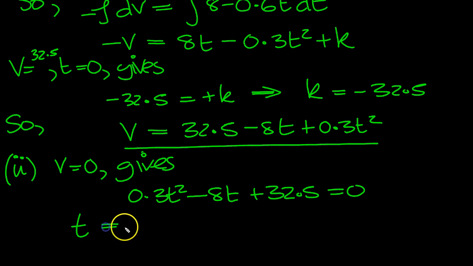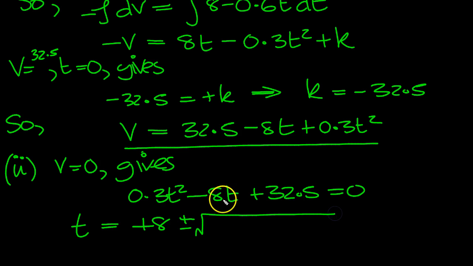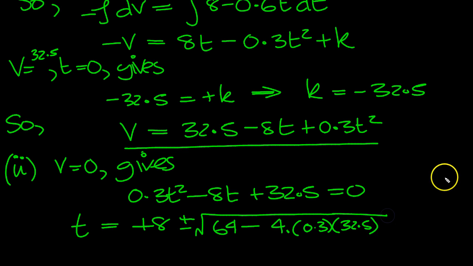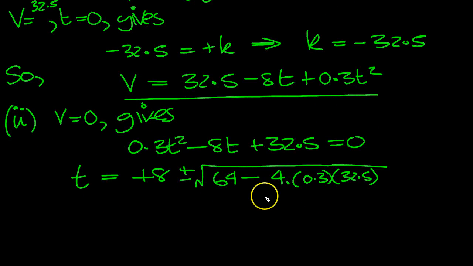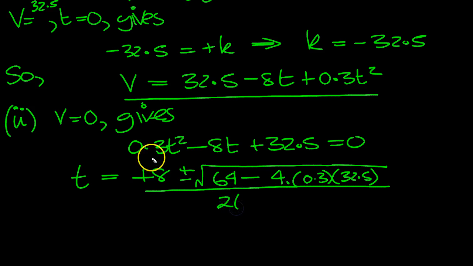So t will equal minus b, minus 8 is plus 8, plus or minus the square root of b squared, 8 squared is 64, minus 4 times a, 0.3, times c, which is 32.5, all over 2a, so that's 2 lots of 0.3.